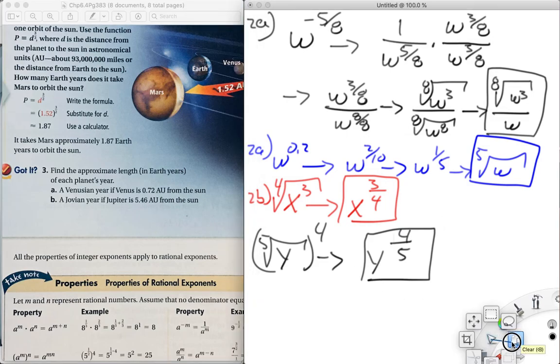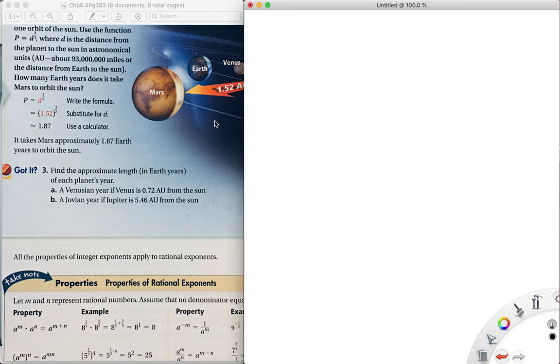And so here they have a problem where they're using, what is p? I guess p is years, and d is the distance from the sun, and d is being used in astronomical units.